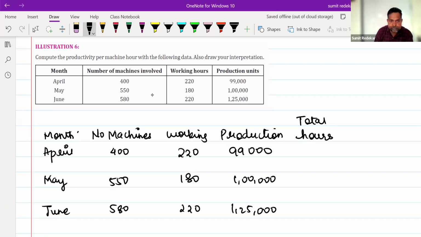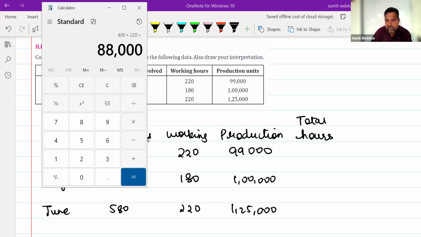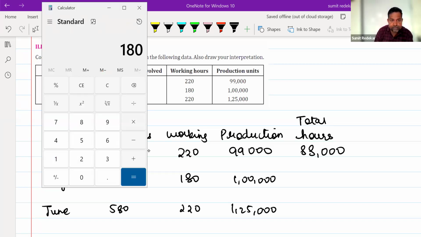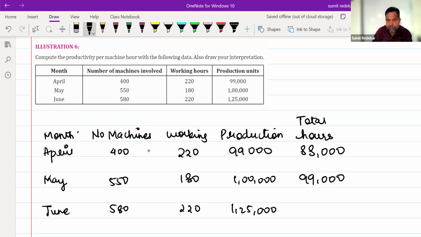Total hours is going to be 400 machines working for 220 hours, which is 400 into 220, which is 88,000. Then you are going to have 180 into 550, which is 99,000.